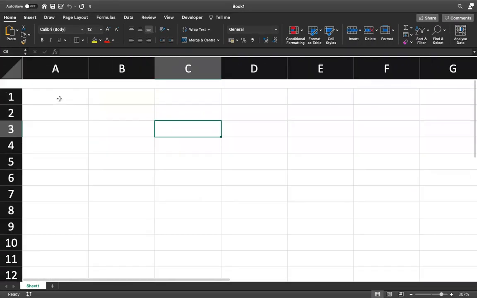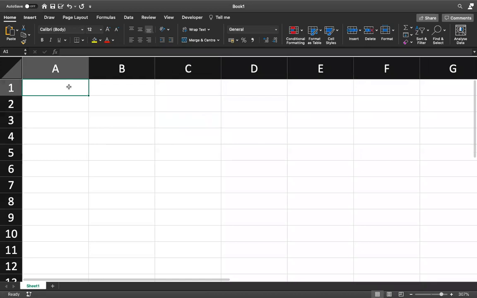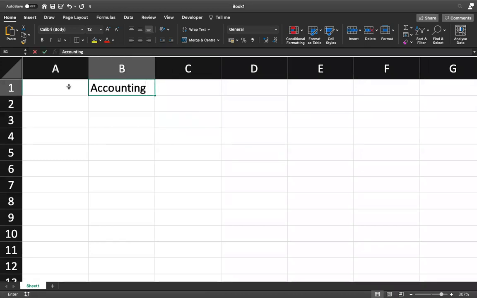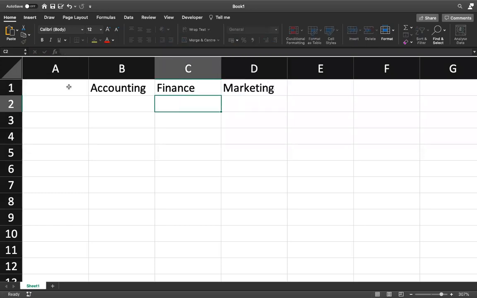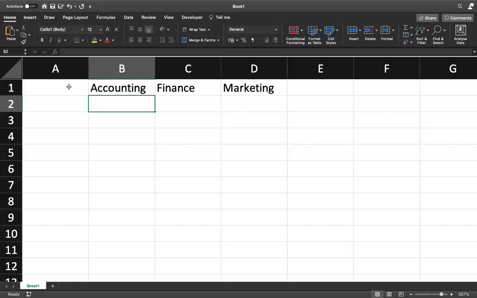Assuming you have three groups: number one, accounting; number two, finance; and marketing. Let's say that you have different samples and we've collected scores.